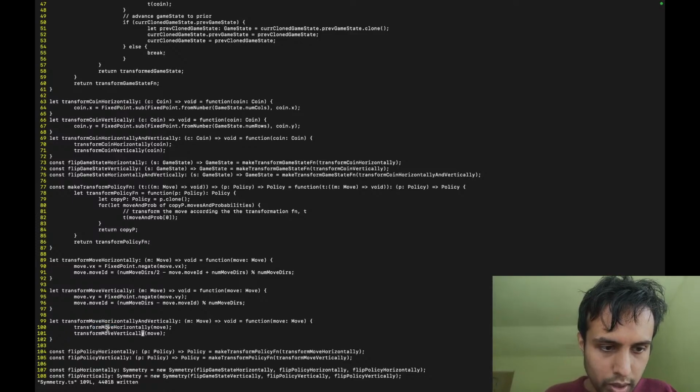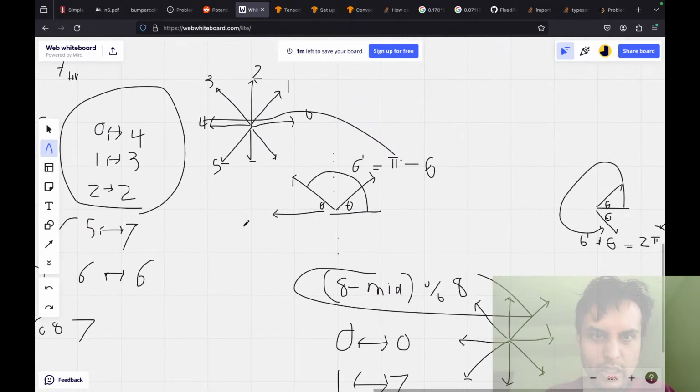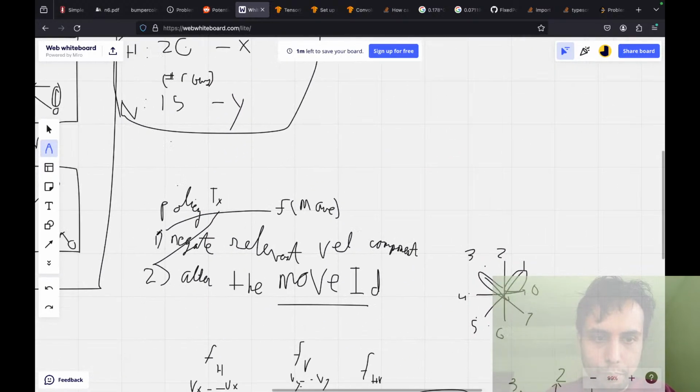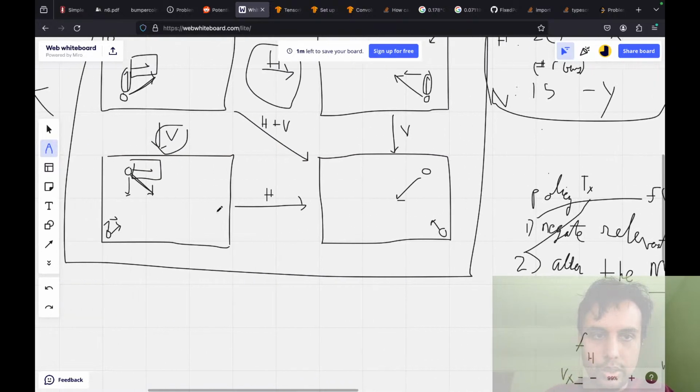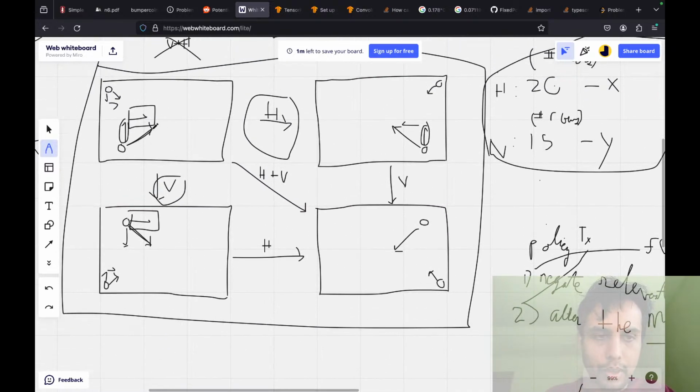So by doing these 2, let's check if 1 and 2 work. What are the relevant velocity components? Well, let's look here. This thing right there, which is northeast, where does this map to? It maps to here, right? So this going up ends up going down, so this thing gets negated.